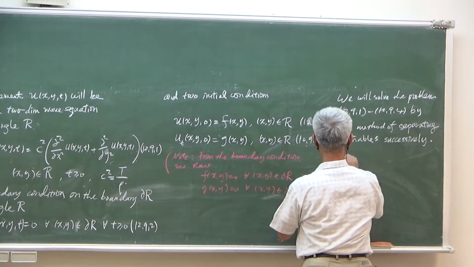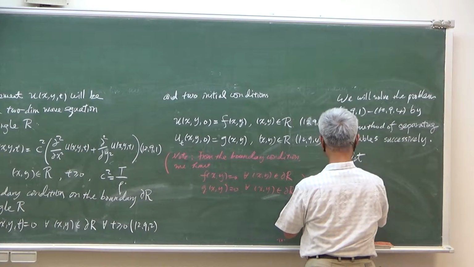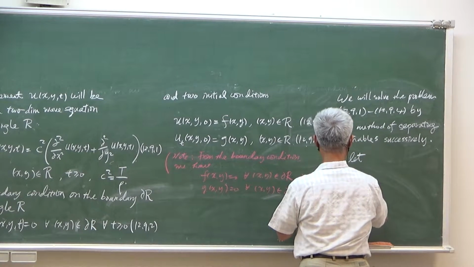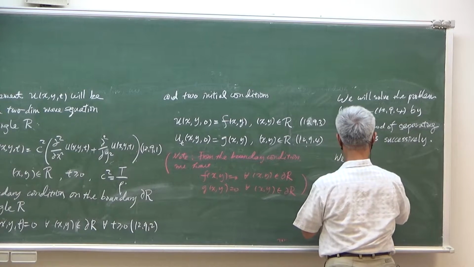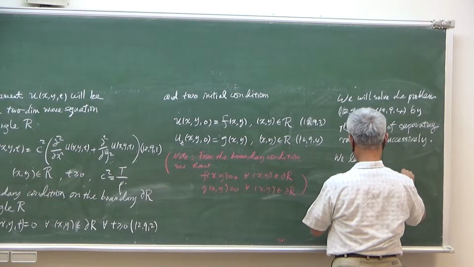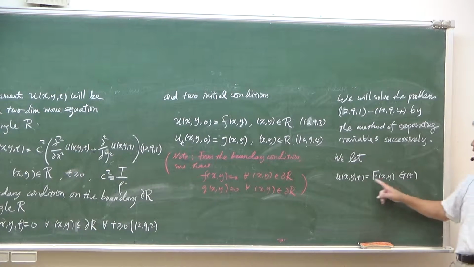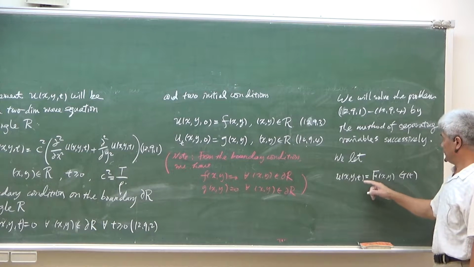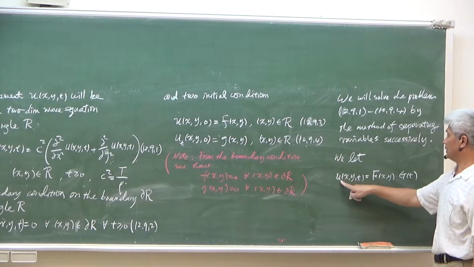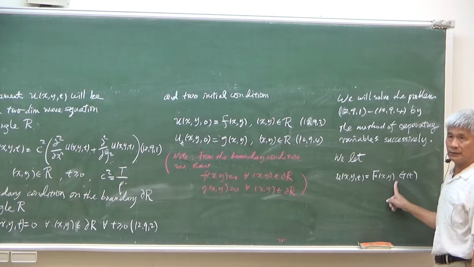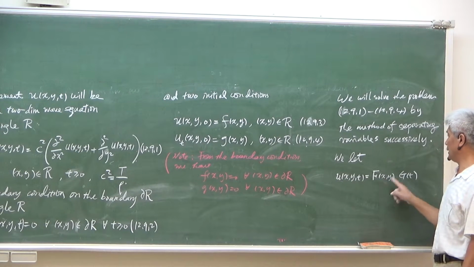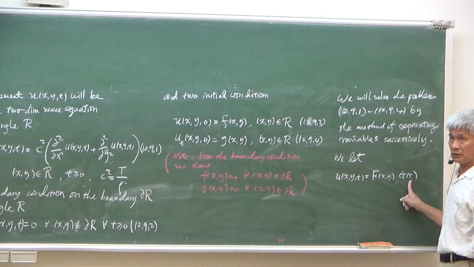First, we assume the solution u(x, y, t) is equal to F(x, y) G(t), a product of a function of x and y and a function of t only.